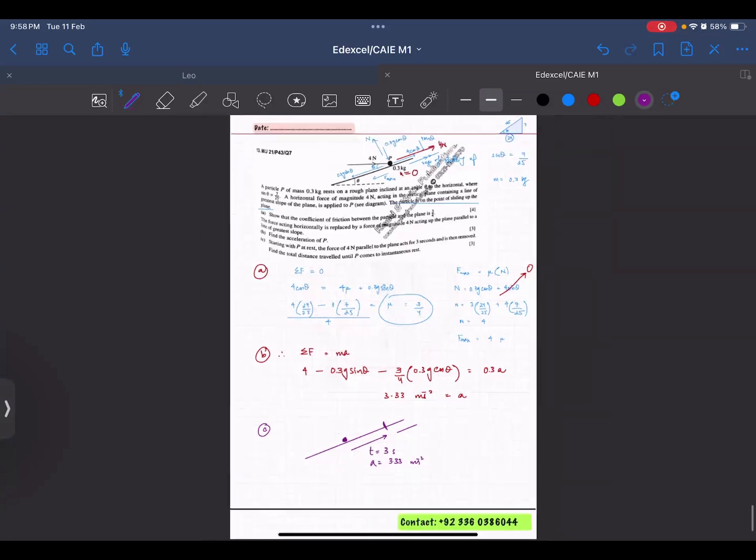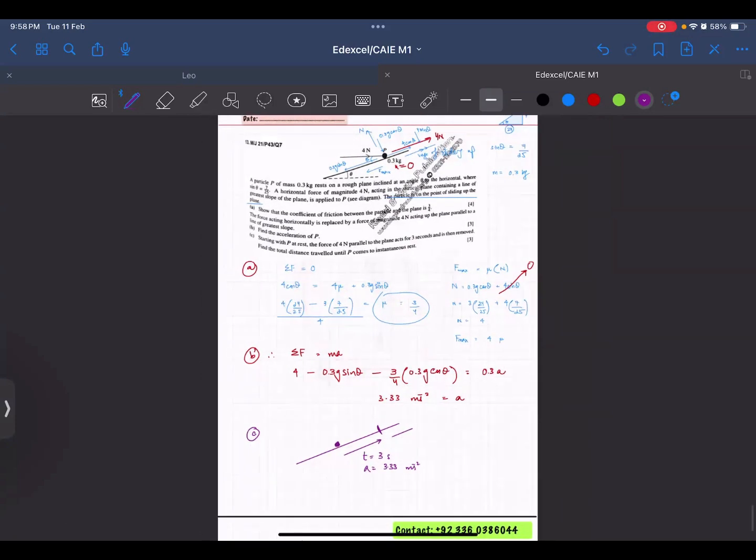The 4 Newton force is being applied for 3 seconds, and after the 3 seconds it has been removed. So what would be the situation after that for the particle? Deceleration or friction force. Yes, good.